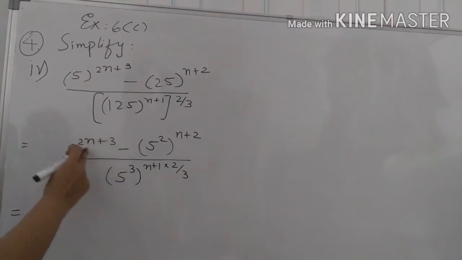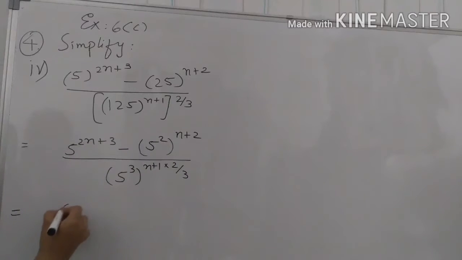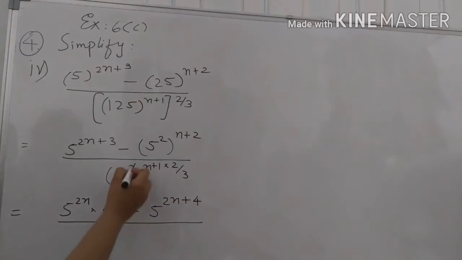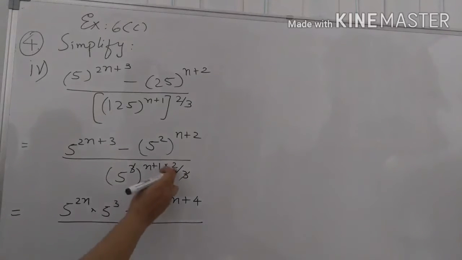Now students, here I will split the terms as I explained in the previous video. Minus 5 raised to 2n plus 4. Now next step, this 3 gets cancelled. So here I get 5 raised to 2 multiplied with n plus 1, so 2n plus 2. This is the expression we get.